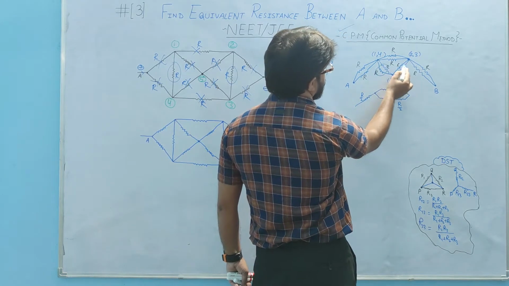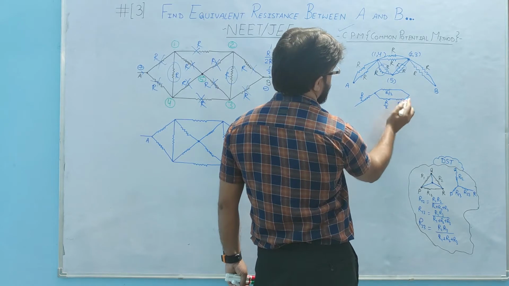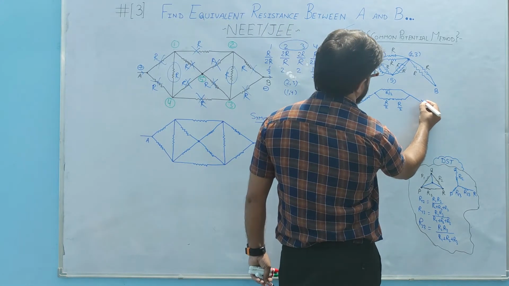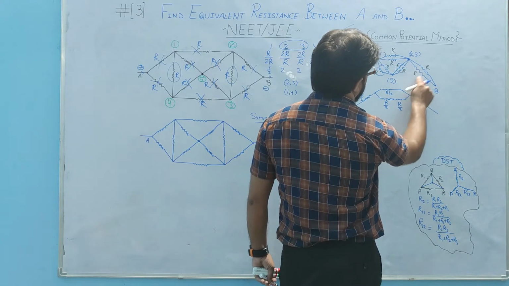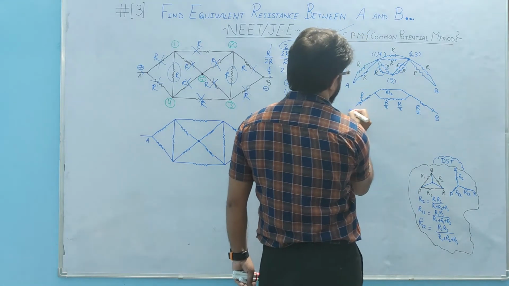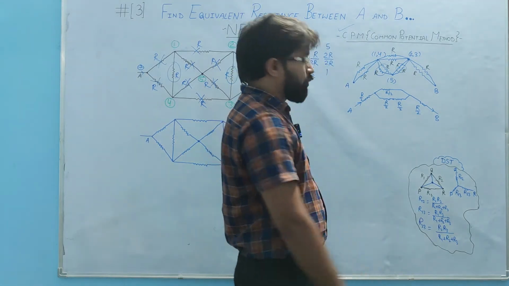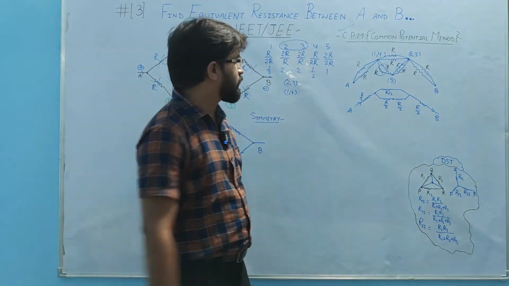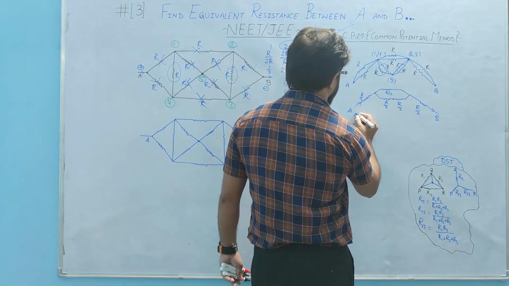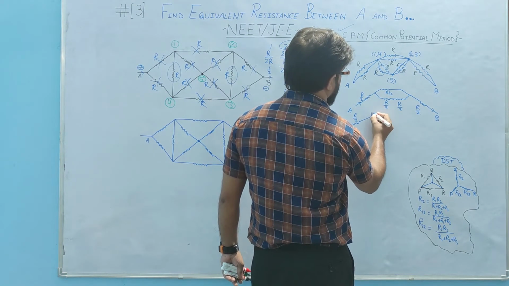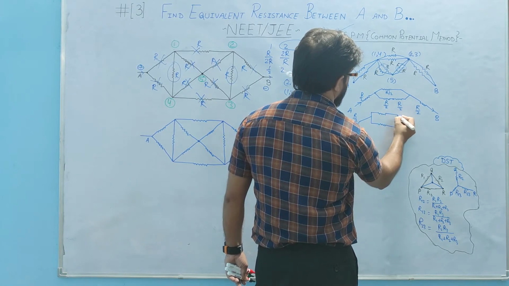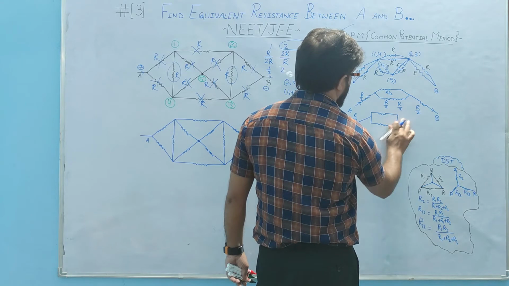These R by 2 would be in series, you can clearly see. And this is R parallel with R by 2, between B and A. Hoping now you can easily solve it. I quickly do it. You don't need to draw like this, I am drawing for you only. If you wish to draw, it would look like this.